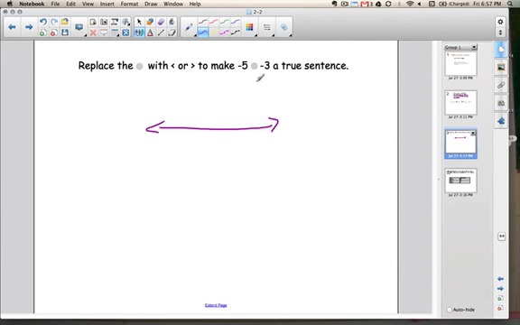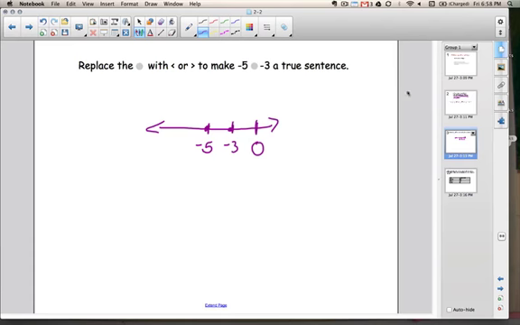Since both of my numbers are negative here, I'm going to put 0 here. And -3 is going to be right here, and -5 is going to be right here. So here's -5 and here's -3.